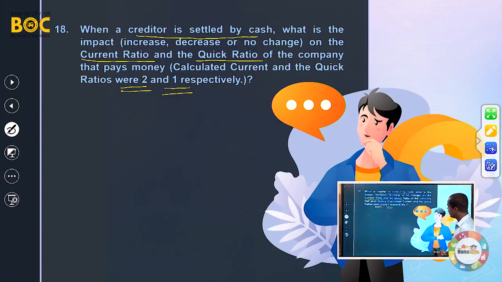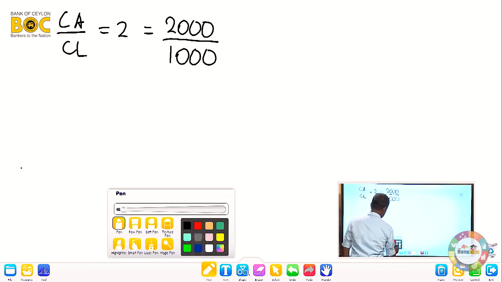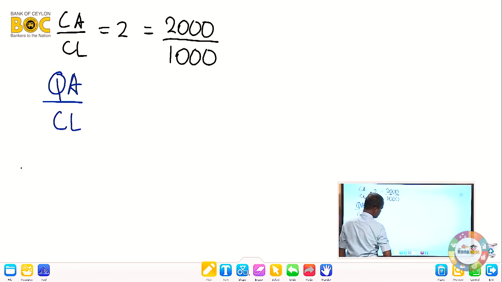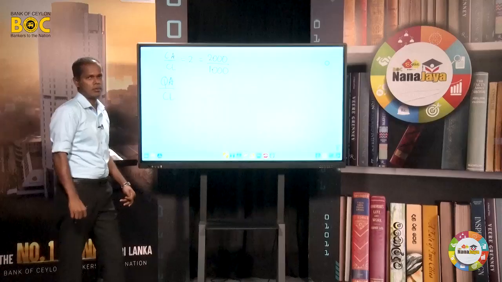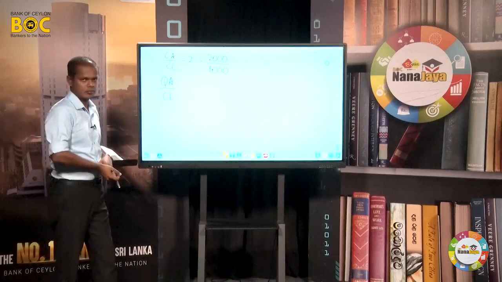Then the quick ratio. How do you calculate it? Quick assets divided by current liabilities. Quick assets is current assets minus inventories minus prepayments, meaning highly liquid assets.